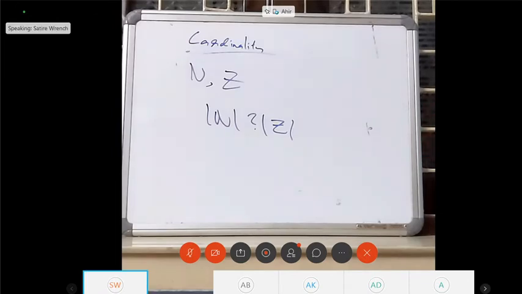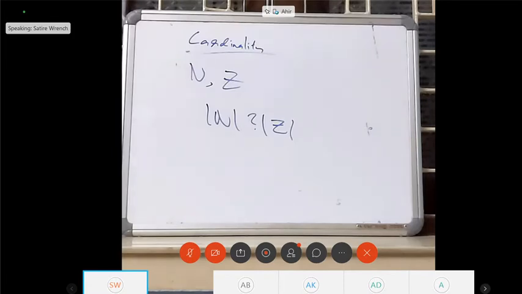We arrange N as 1, 2, 3, 4, 5 and so on, and Z as 0, minus 1, 1, minus 2, and so on. Can we establish a bijection like that?